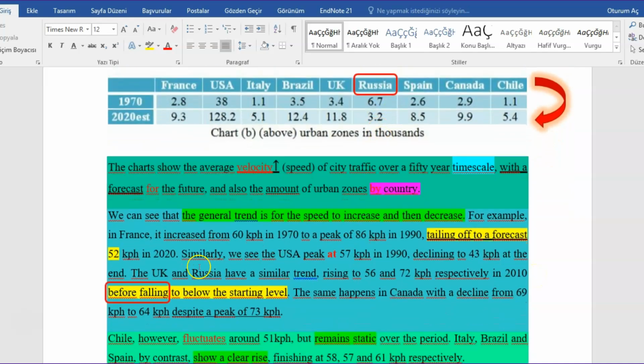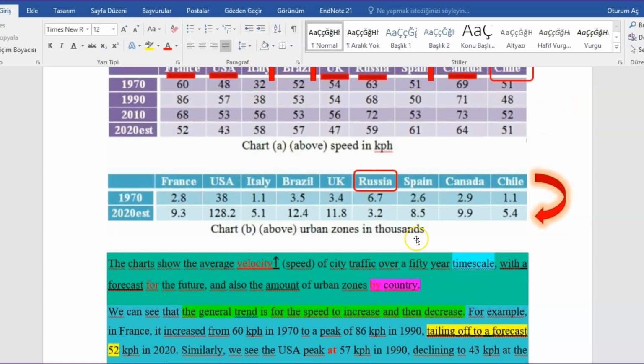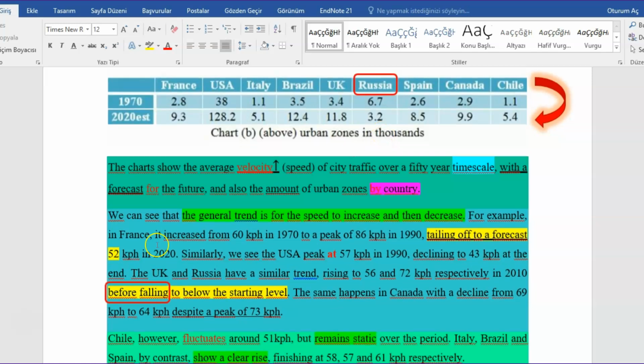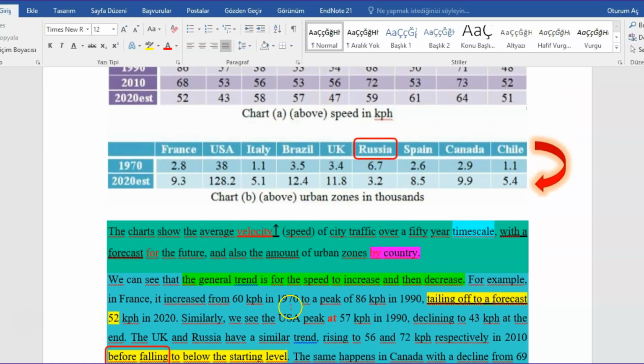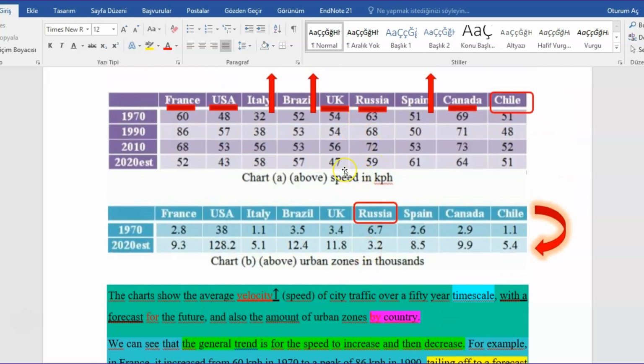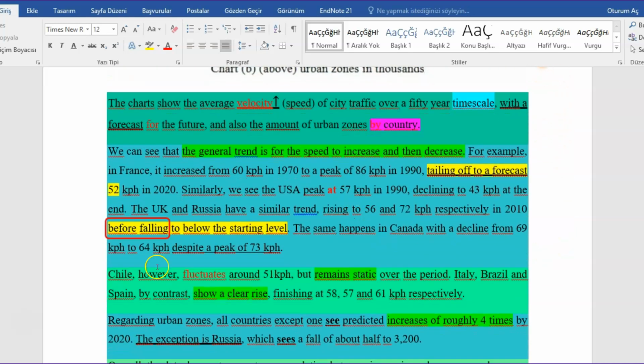2010, and in UK and Russia 72 again before falling again, right? Falling to the starting level. Okay, Russia and UK.